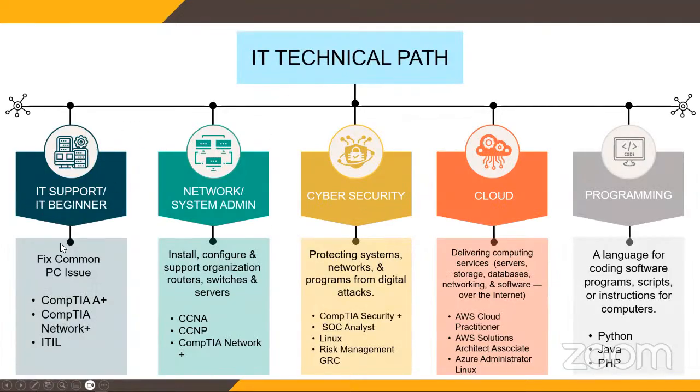So IT support and IT beginners go for CompTIA A+ certification, Network+, or ITIL; network and system admin, CCNA, or cybersecurity. Cybersecurity is also very hot these days, and cloud is even hotter. Programming, as I mentioned yesterday, is hot, but only for experienced and top-notch people. For normal entry level, it's very difficult to get into programming now because of AI and machine learning tools, like we will talk about today also.